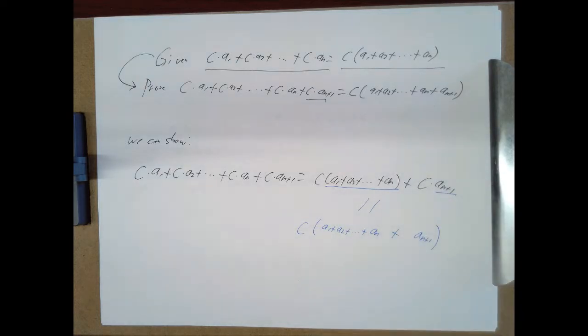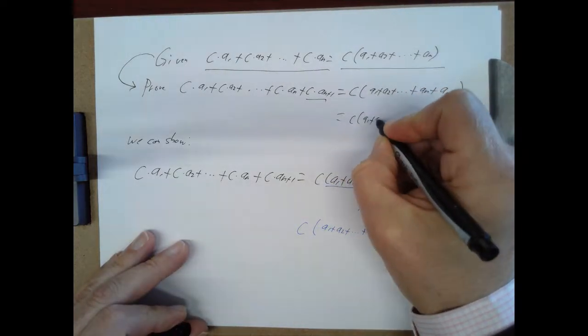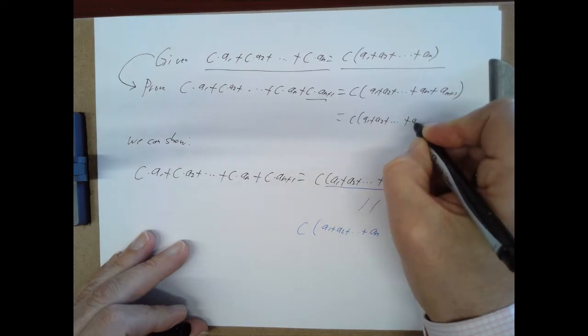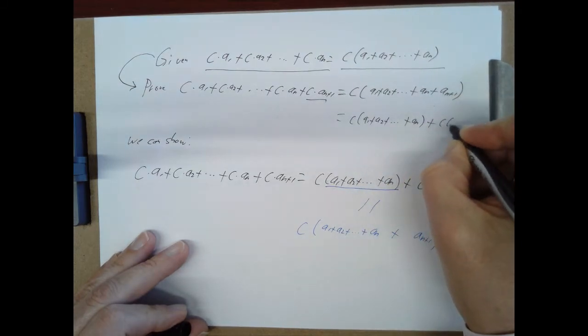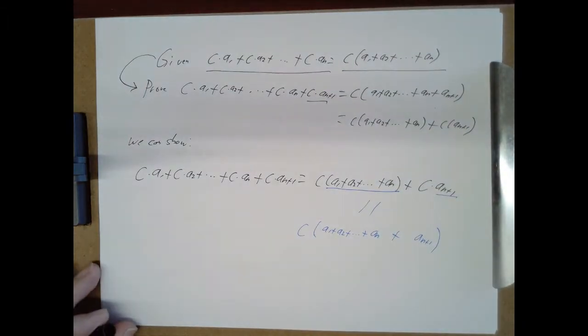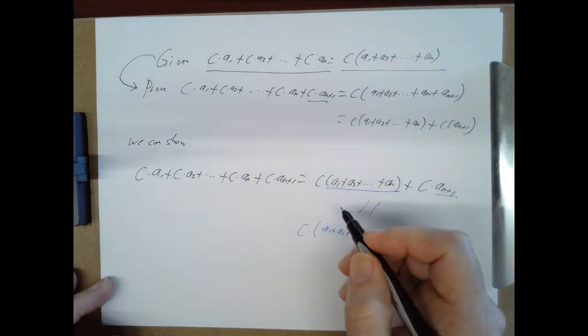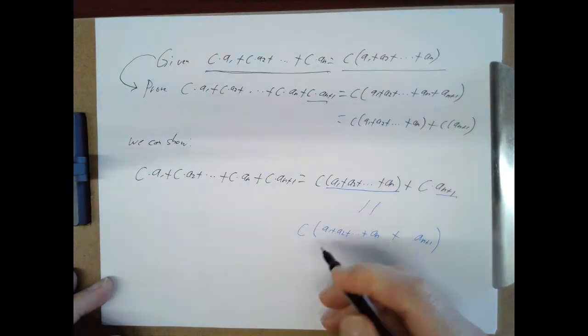So we could distribute the c and say that this is c times... right, we can do that. But we can't necessarily go from here to this, right?